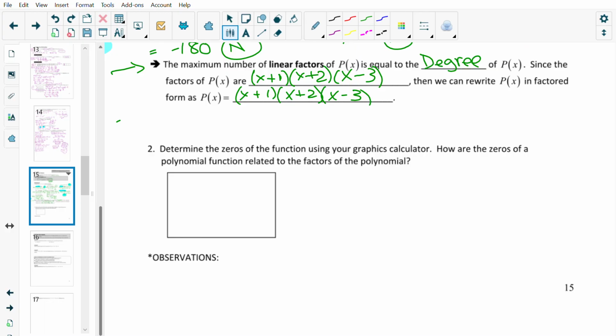Okay, number 2, determine the zeros of the function using your graphing calculator. How are the zeros of a polynomial function related to the factors of the polynomial? Here's my window. Okay, and this is what I get.